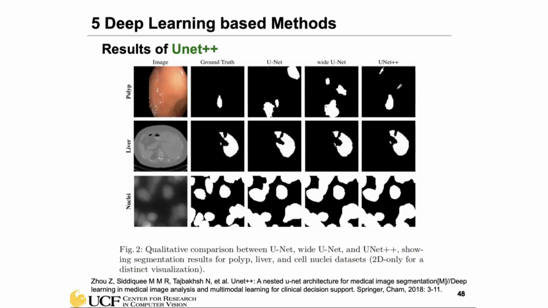Especially for this particular example, the UNet and wider UNet generate some false predictions. This is not supposed to be maybe some of the diseased tissues, but they make this false prediction. But UNet++ is able to capture more context, so it removes these kinds of outliers. Okay.